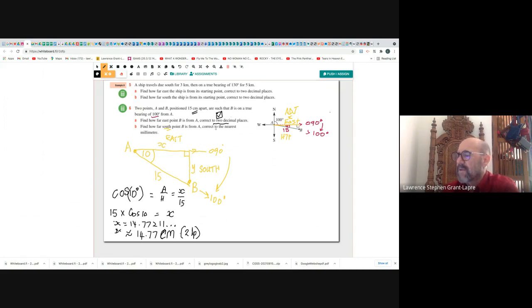How far south? Correct to the nearest millimeter. So let's put a box there and tick it once we've done it to the nearest millimeter. And we want south, so we're going to use sine of 10 degrees equals opposite over hypotenuse, which is equal to y over 15.